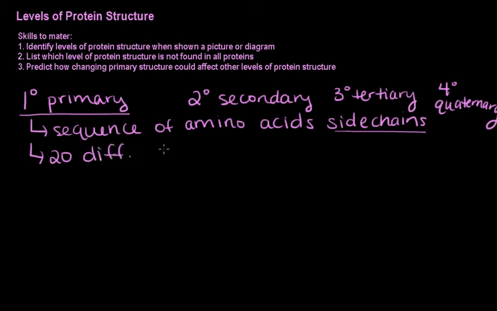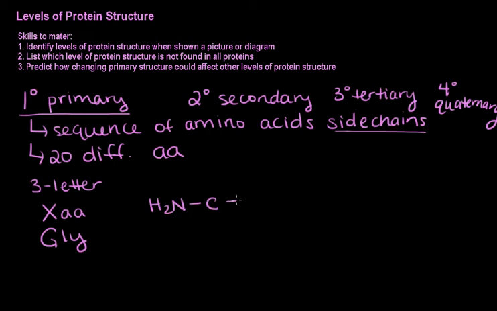These can be abbreviated a few different ways. There's a 3-letter abbreviation, in the format capital letter, little letter, little letter. So take everyone's favorite, glycine. It looks like this: H2N, here's the backbone, which could be connected in a protein or not.